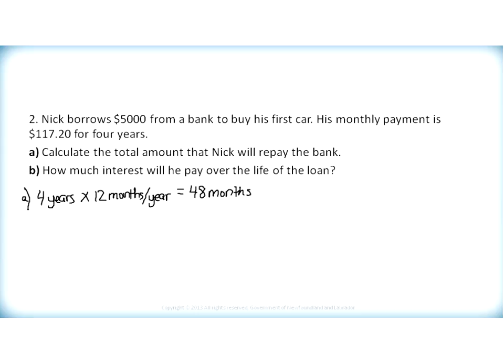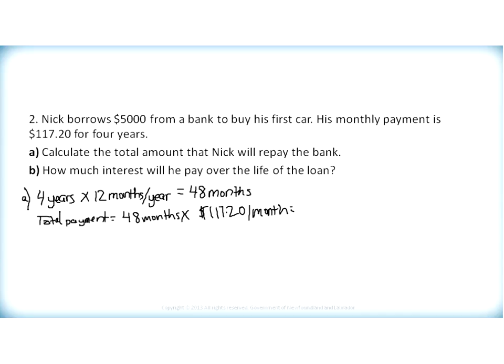The next thing we have to do is determine, we know how much he's paying per month. We know how many months. So the total amount is going to be equal to the 48 months times the $117.20 per month that he's paying.